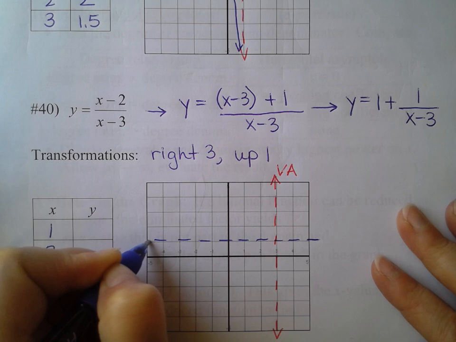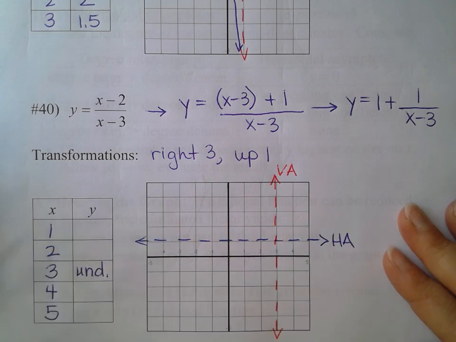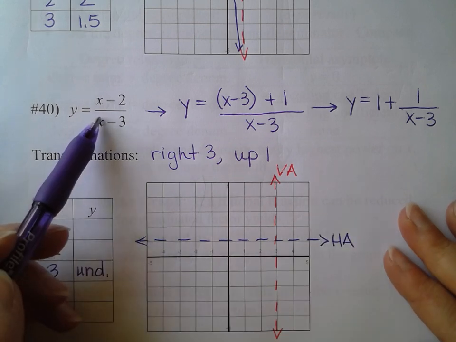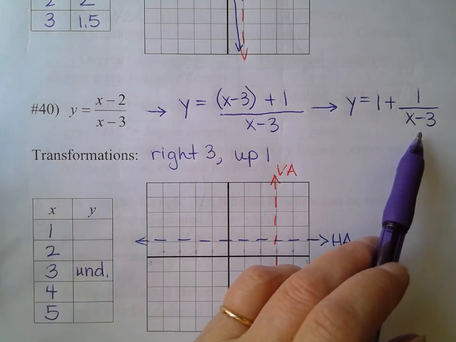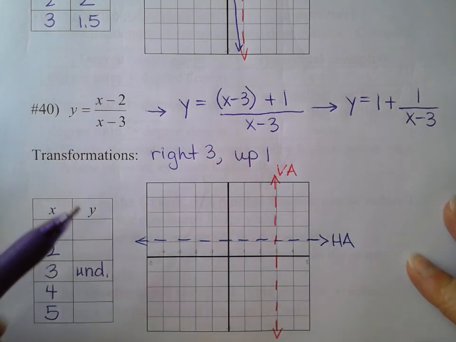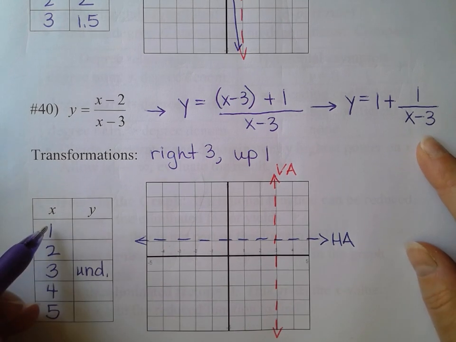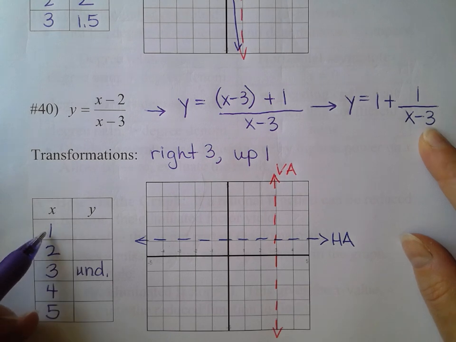Okay, so if we plug in some points, it doesn't matter which function we use, whether we use the original or whether we use this one. It really doesn't matter. Okay, I'm just going to use the one we reduced. So if I plug in 1, I'm going to have 1 plus negative a half. So that's a half.